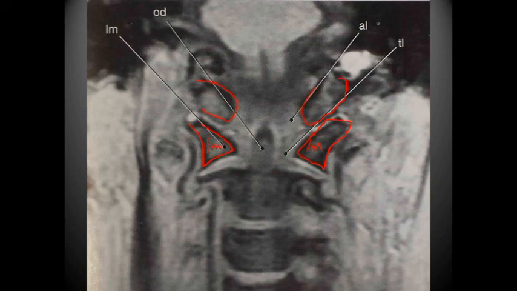We have the odontoid process of C1. We have the vertebral arteries ascending up.